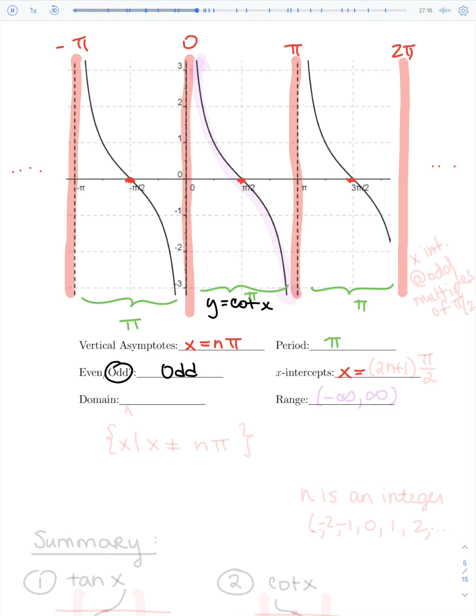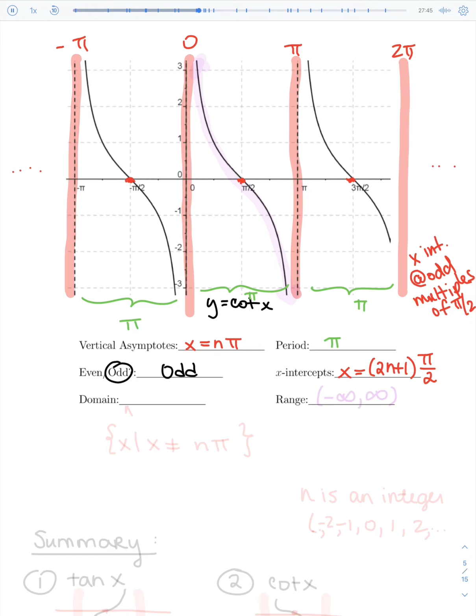That gives us the odd part, times pi over 2. That's where your x-intercepts are happening, at odd multiples of pi over 2. X-intercepts at odd multiples of pi over 2. Just make sure that we put that out in words just in case.